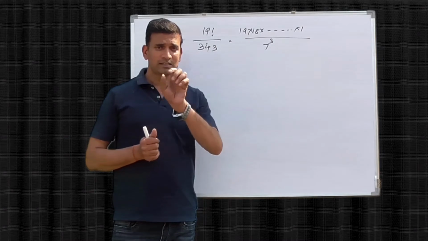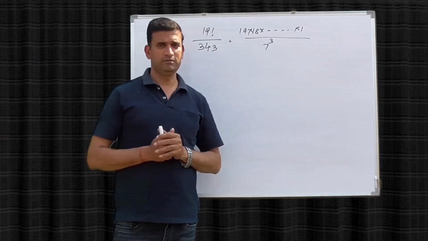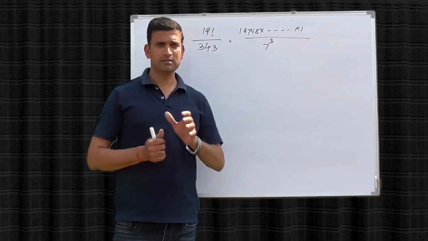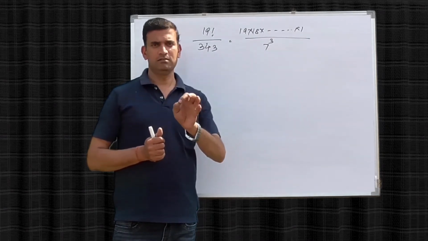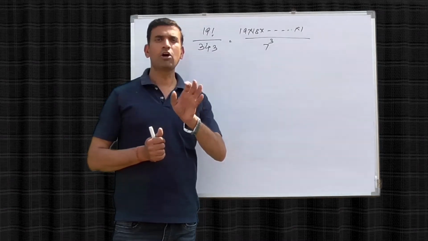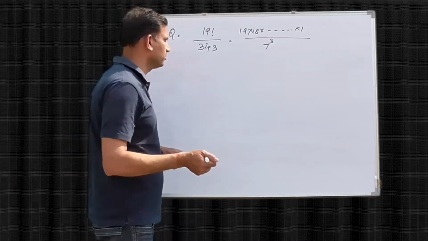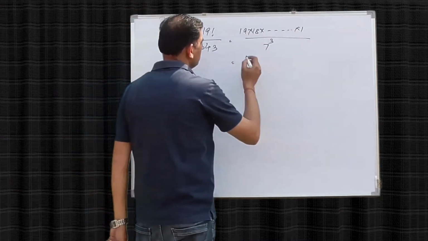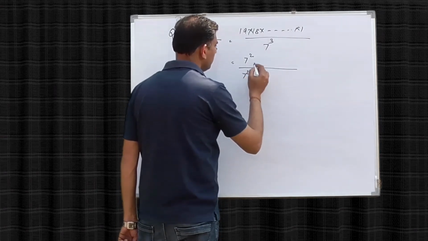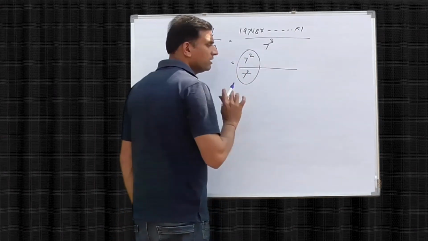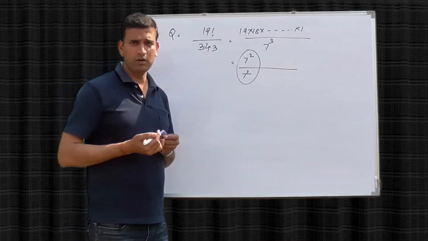So here 7 and 14, as both are multiples of 7, in this case we take 7 square as the common factor, just like the previous questions. So here 7 square is the common factor we are having. Now what is the remaining?